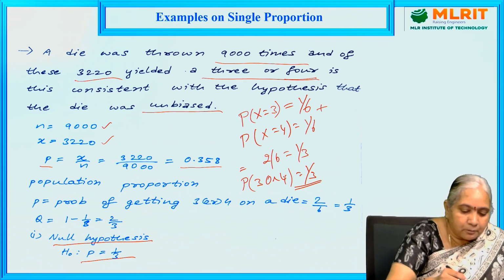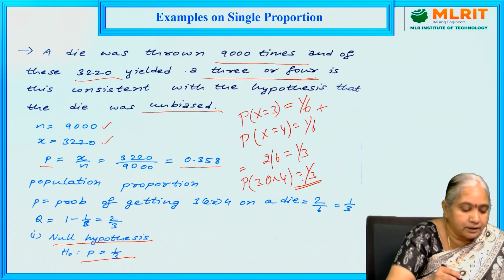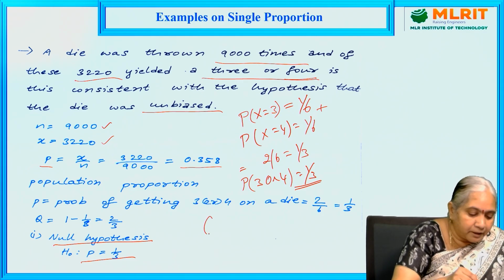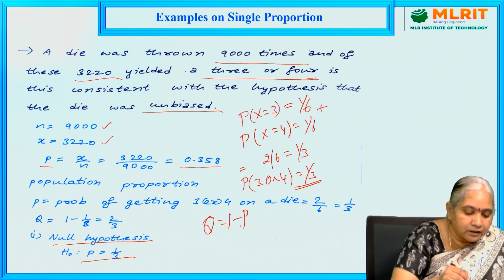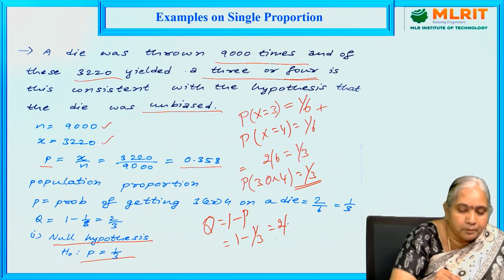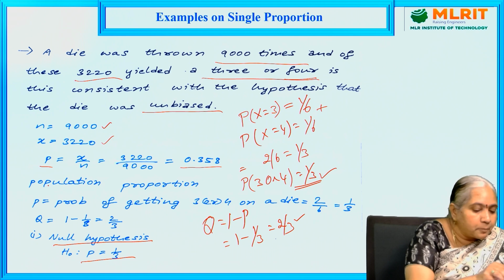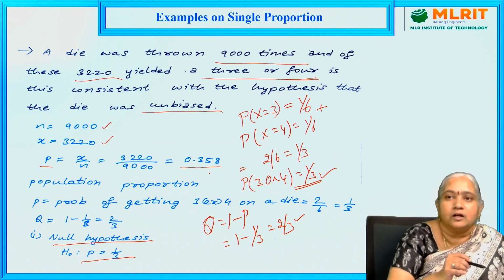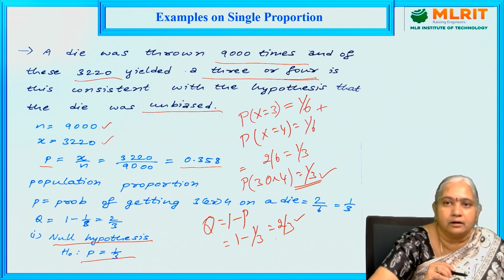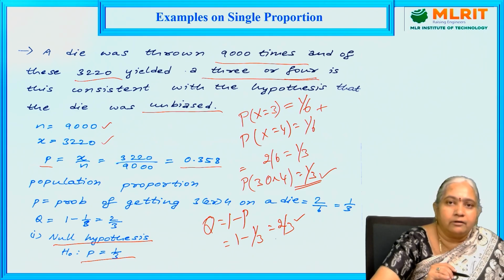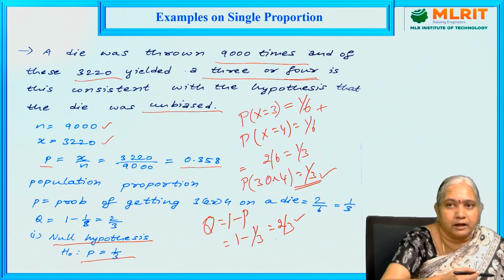And here capital P, that is the population proportion, is 1 by 3, and Q equal to 1 minus P, so 1 minus 1 by 3, which is equal to 2 by 3. So capital P is 1 by 3, capital Q is 2 by 3, and the sample proportion is 0.358. Here only one sample data is given, and moreover it is a large sample with proportion data given, so we apply the large samples proportion test.